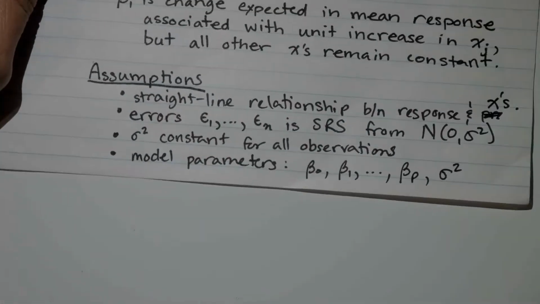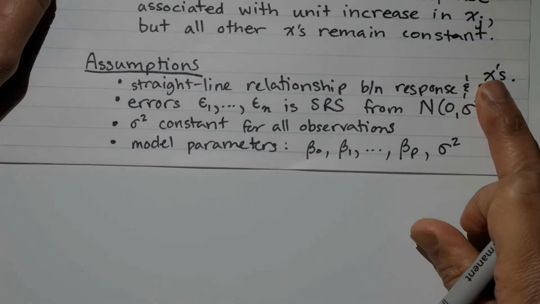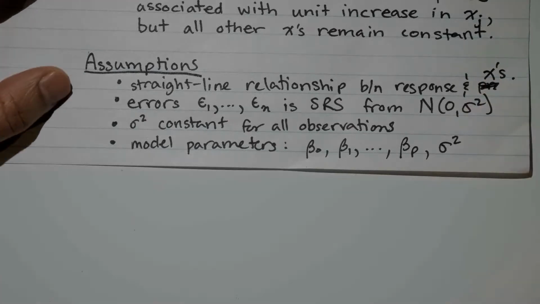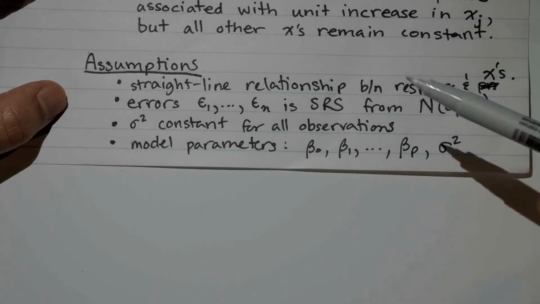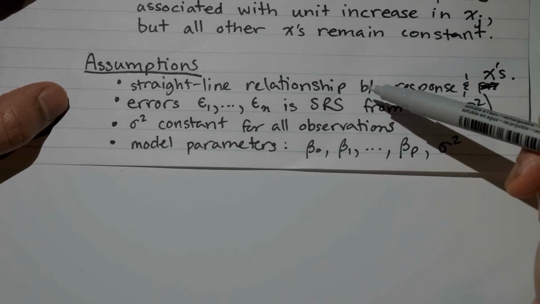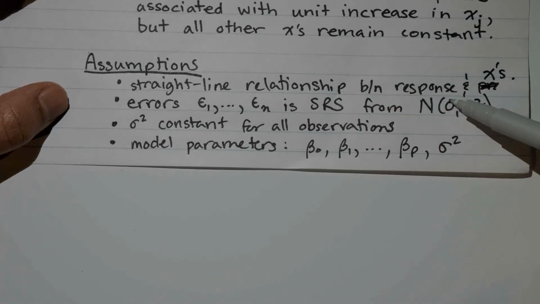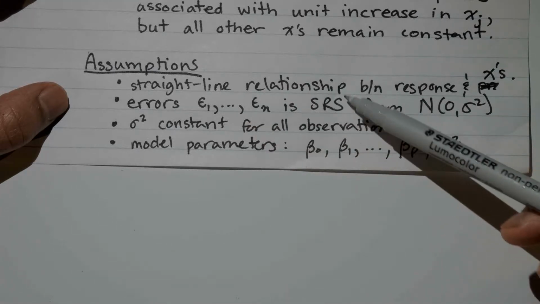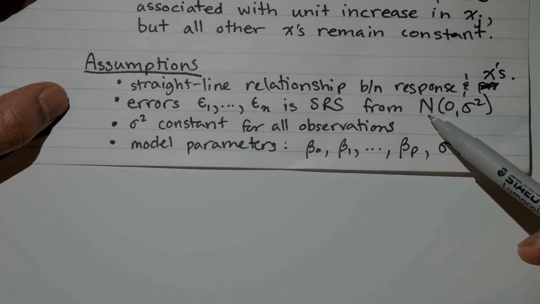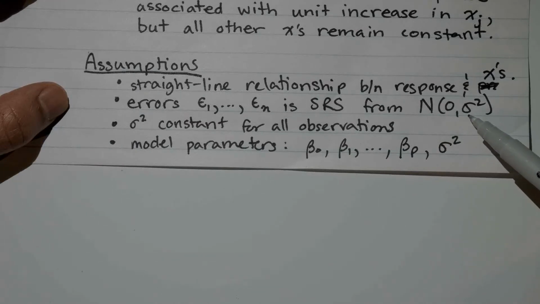Right. One last point that we didn't make with these linear regressions are some of the assumptions. So whether it's multiple or simple linear regression, we're assuming that there's a straight line relationship between our response and the x's. We're assuming that our errors come from a simple random sample of a normal 0 sigma squared, where sigma squared is a constant variance for all observations.